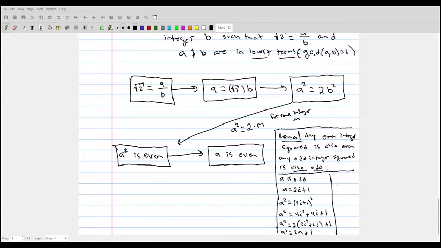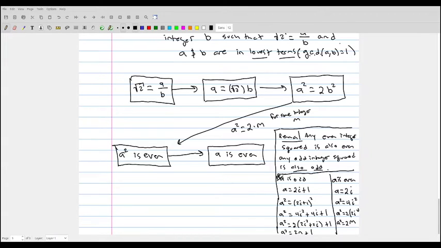If you go through and do this process for an even integer, then a can be written as, say, 2 times i, which gives that a squared is going to be 4 times i squared, and then it's the same thing as saying that a squared is equal to 2 times 2i squared, or that a squared is equal to 2 times m for some integer m. So the main idea here is that the square of any even integer will also be even.